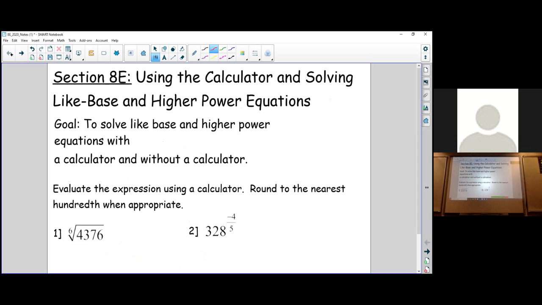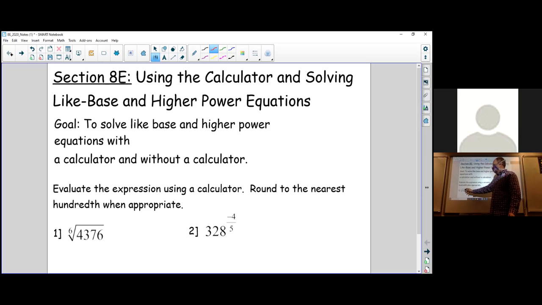The first one says we want to evaluate the 6th root of 4376, using a calculator, and we're going to round it to the nearest 100th, so 2 decimal places. First thing you have to recognize is your calculator.